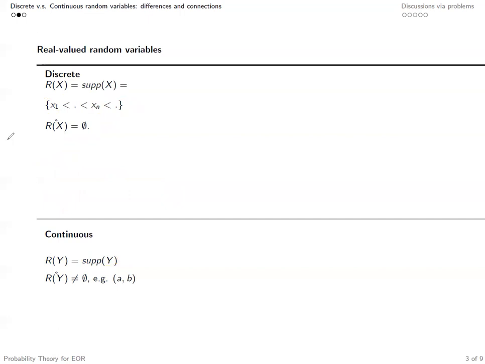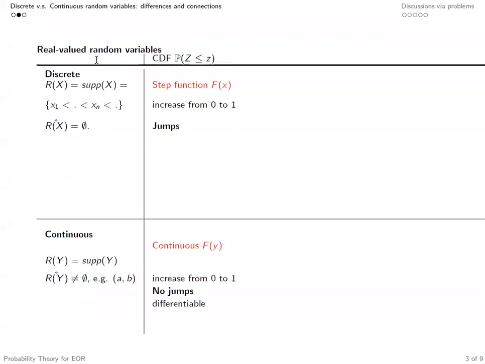Furthermore, if you look at how we describe the distributions of those random variables, we have the CDF well defined for both cases, right? What is the CDF function? That essentially describes the probability of an event of this type: the random variable is smaller or equal to a given number.